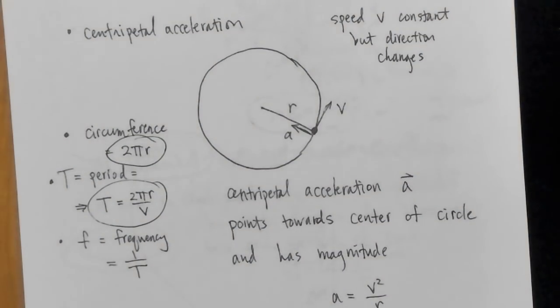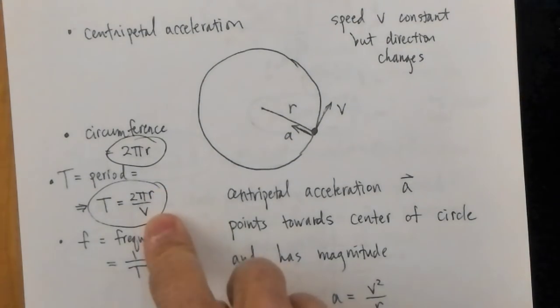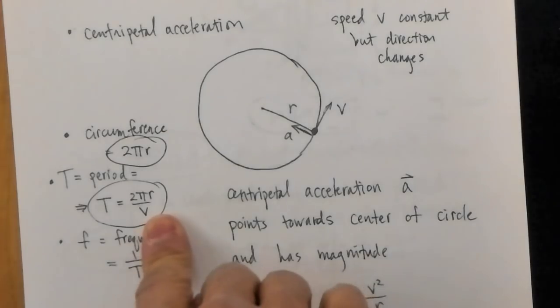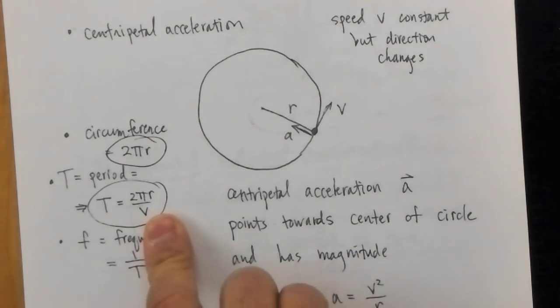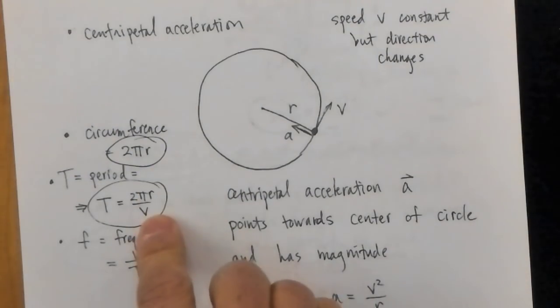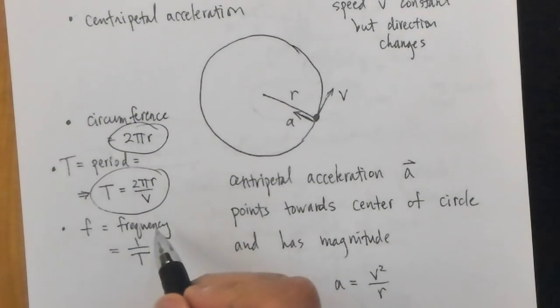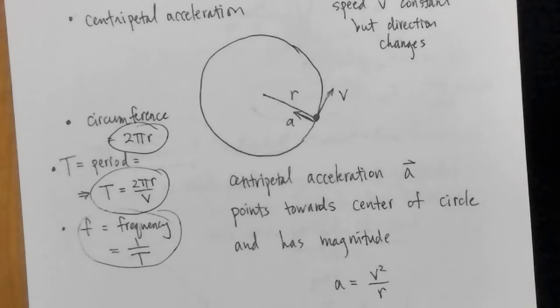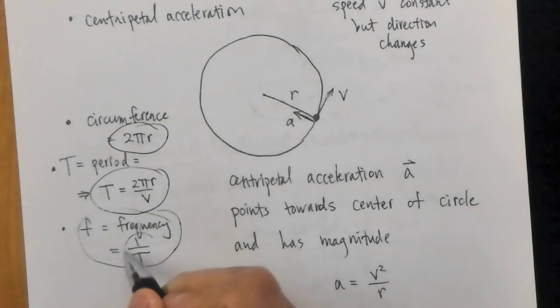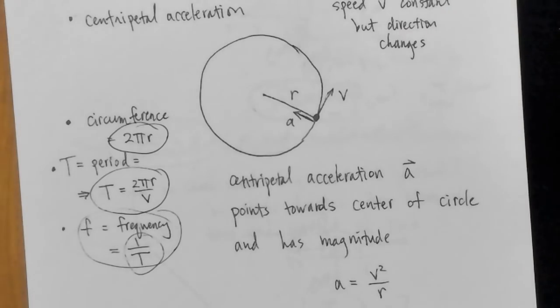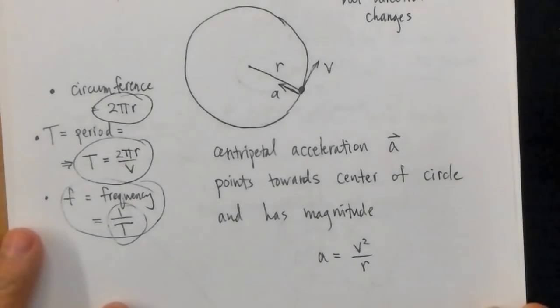The period, the time to go around, is just the distance, the circumference, divided by the speed. If you want to know the frequency, that's how many cycles per second, you just do 1 divided by the period. Any questions about this?